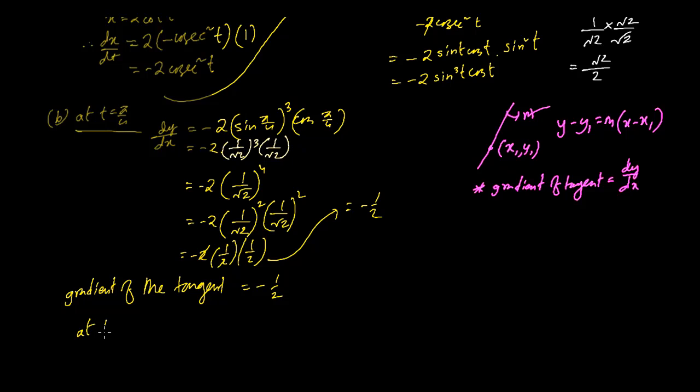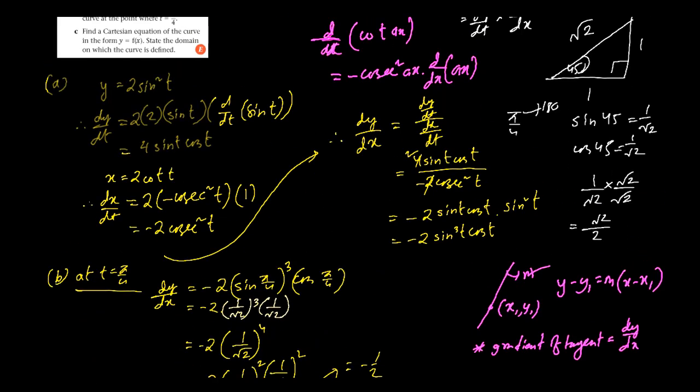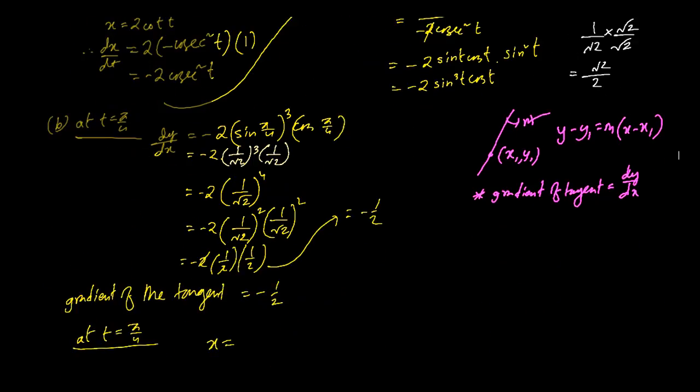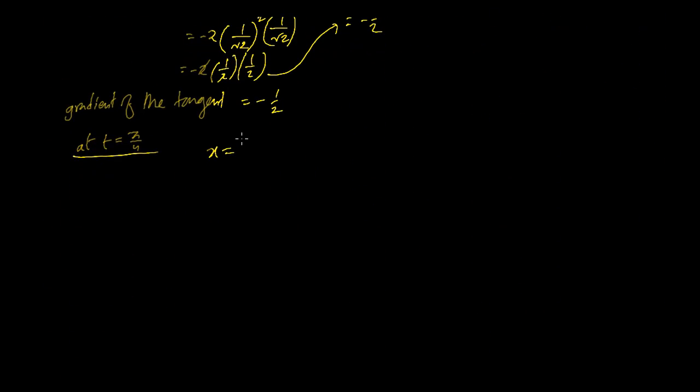So again at t equals pi by 4, we need the value of x. Now x equals 2 cot t. We know the identity cot t is cos t divided by sin t.